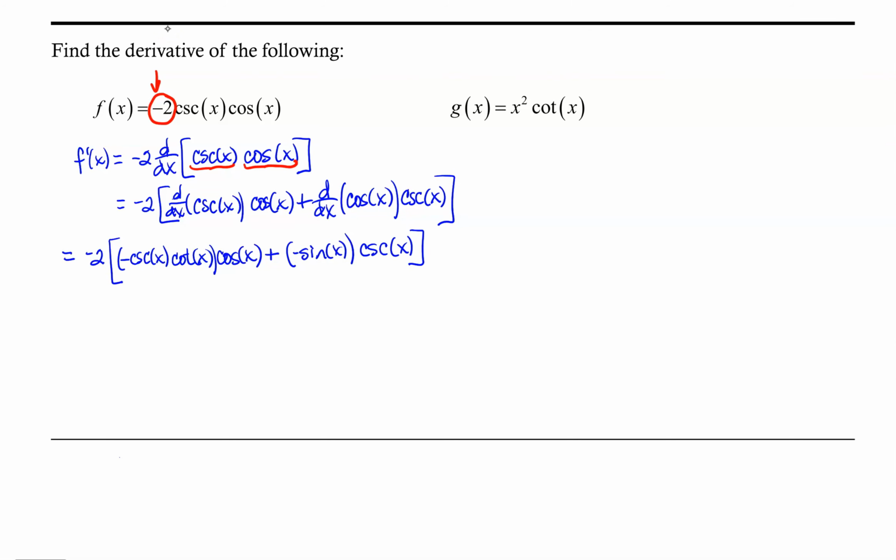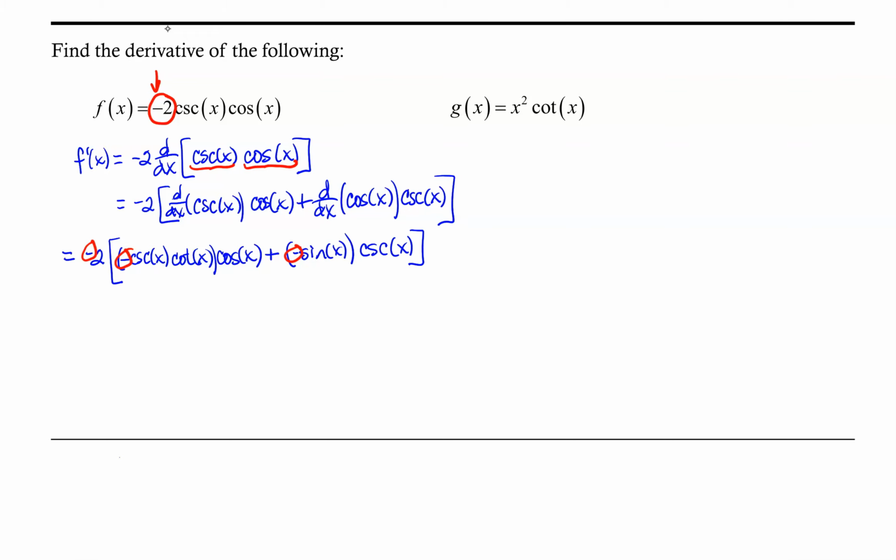Now, one thing we can notice is that we have the negative in front of this quantity and a negative for both terms. So we could distribute that negative sign and turn everything into addition or positive quantities.